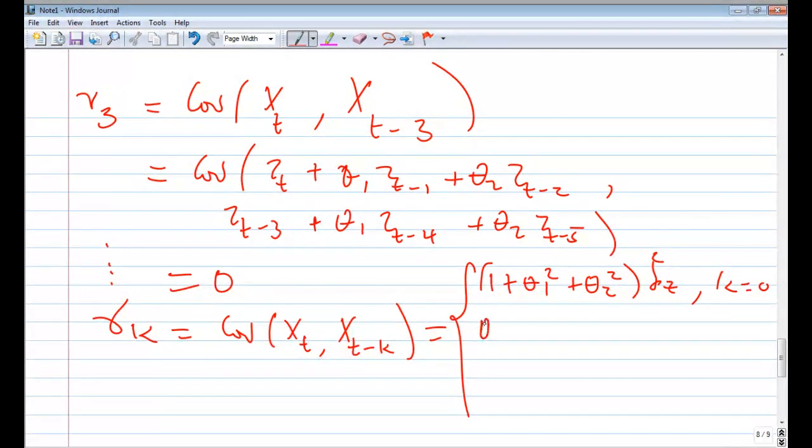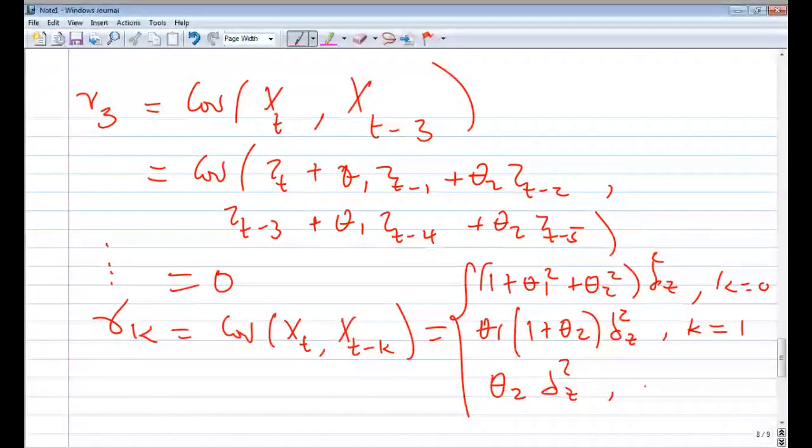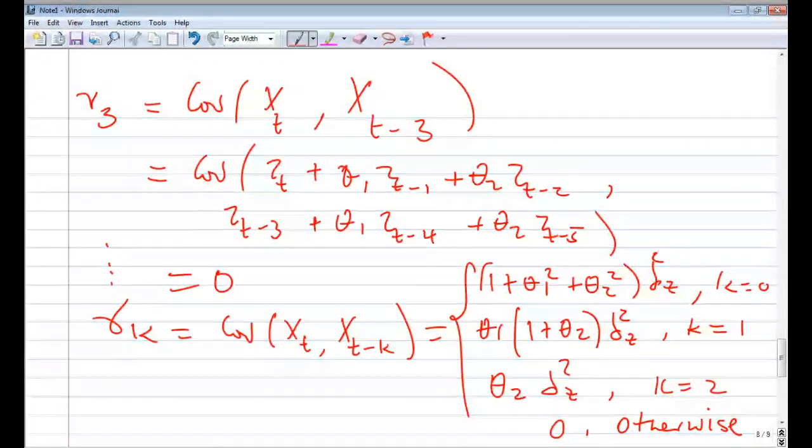And again, theta 1 (1 plus theta 2) sigma squared z for k equal to 1. And again, theta 2 sigma squared z for k equal to 2. And the rest are zeros. That's it. That is our autocovariance function. So this is how we calculate the autocovariance function.